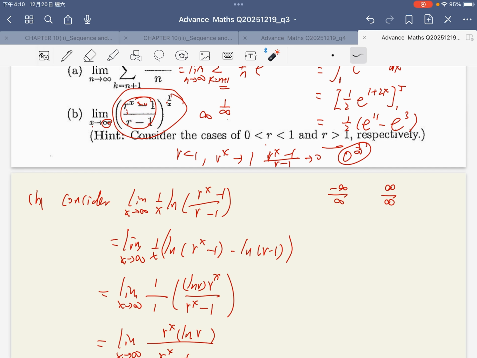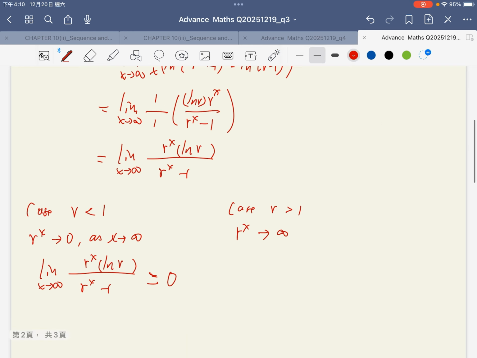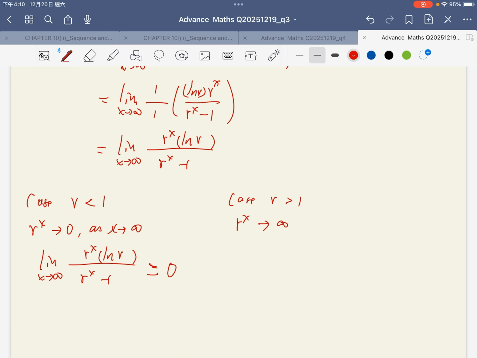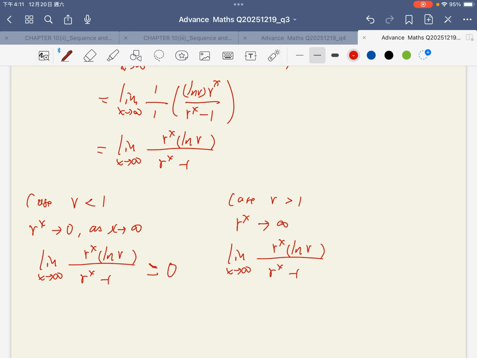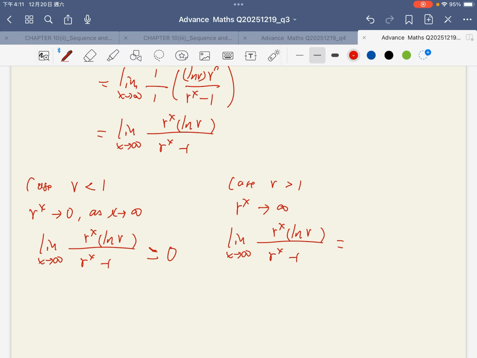Therefore, we have to exclude the case r equal to 1. For r greater than 1, to handle this limit, we do it in a different way.